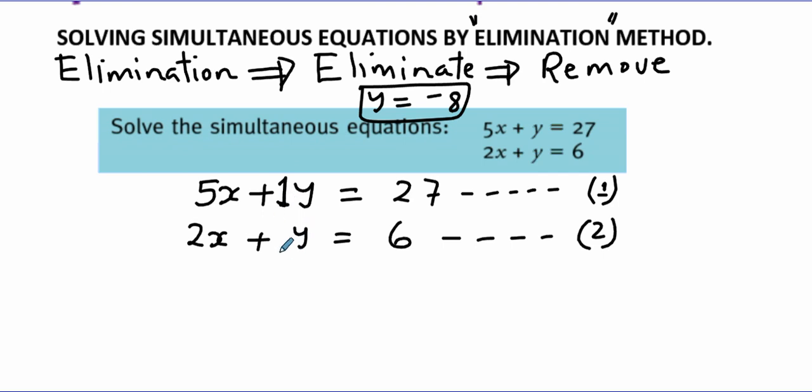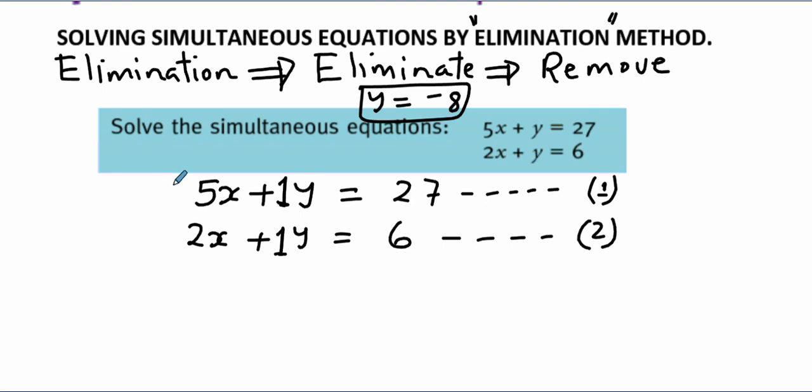Here we are lucky. The numbers on y are the same. So we go to step number 2, which is to remove that letter.